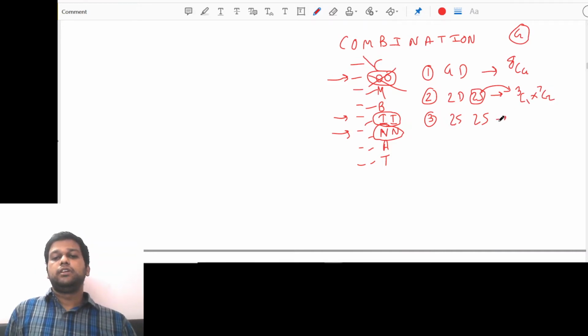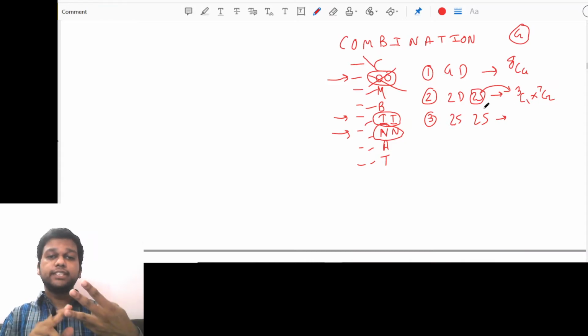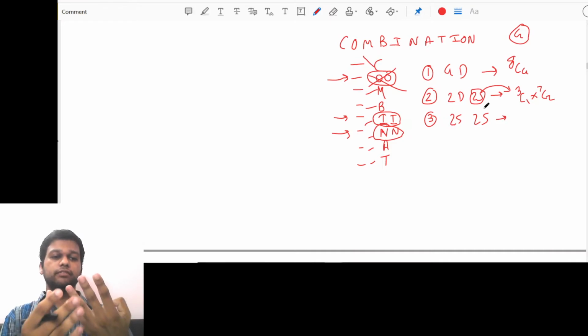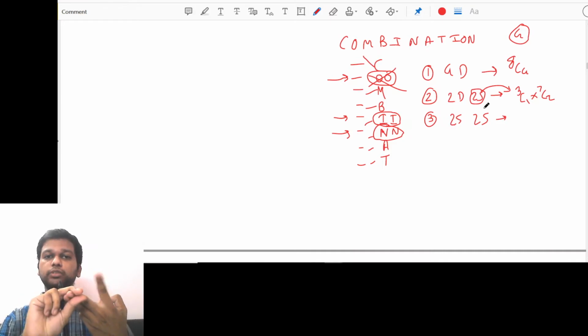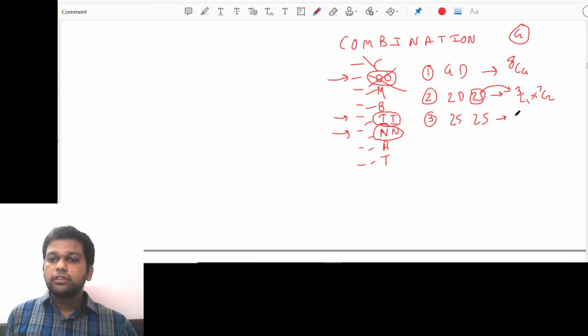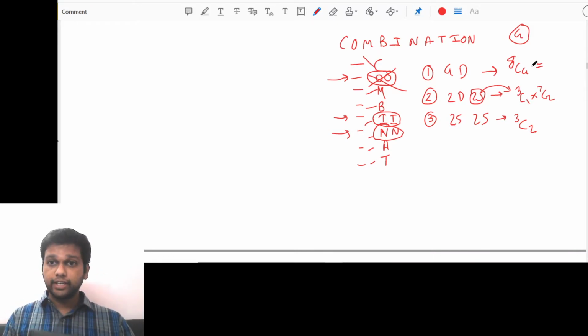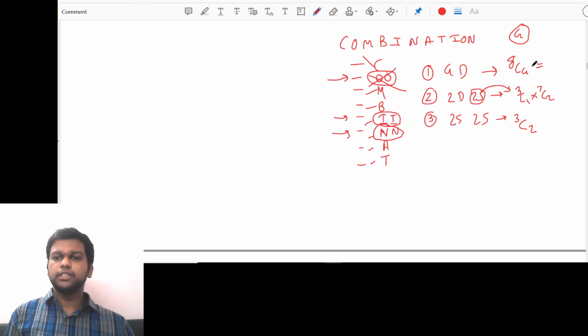Fine. And 2 same, 2 same. That means out of these 3 boxes, OO, II, NN, we have to select any 2 boxes so that we'll get 2 same, 2 same. Right? So out of 3 boxes we have to select 2. So 3C2. This concept is a bit complicated in combination, so you have to understand carefully. 8C4 is 70.